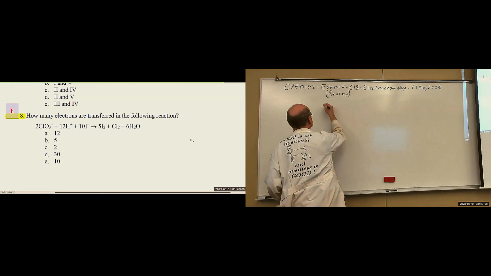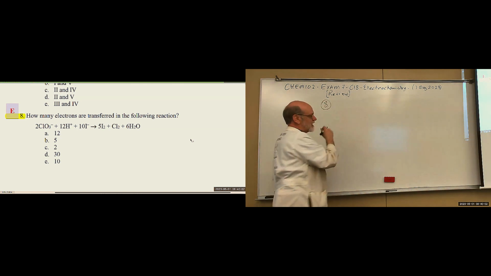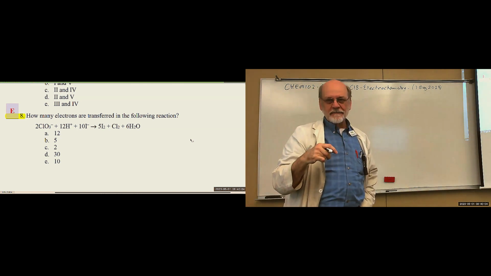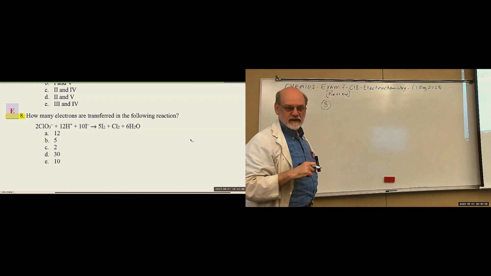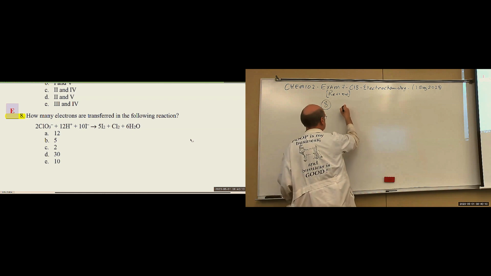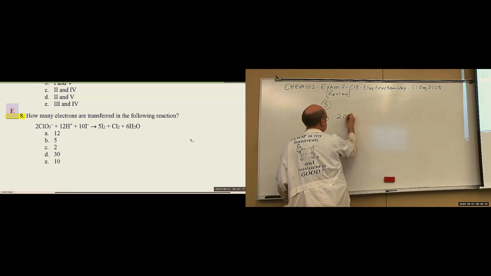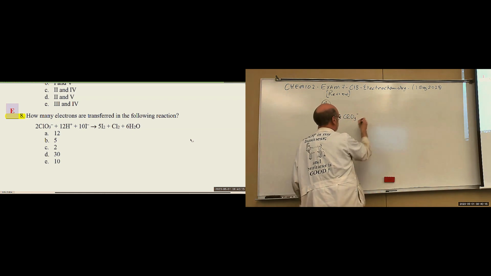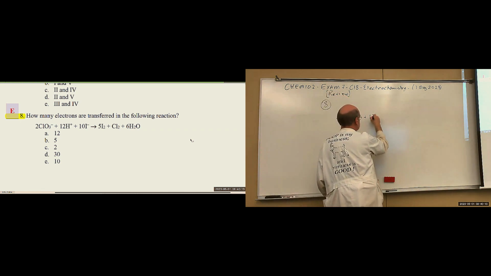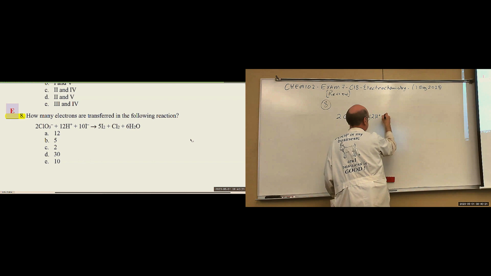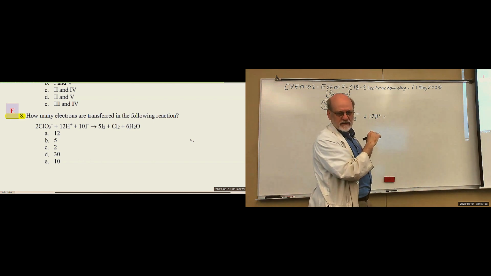Okay, number 8. How many electrons are transferred in the following reaction? Okay, 2 ClO3. Let's write it down here. 2ClO3 minus and 12H plus. I'm thinking this one is already balanced.